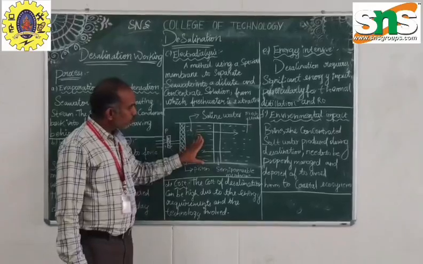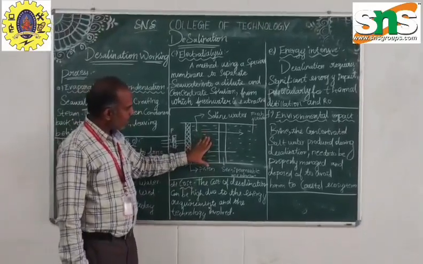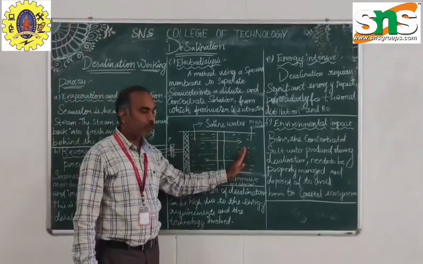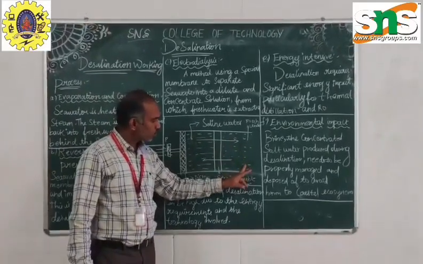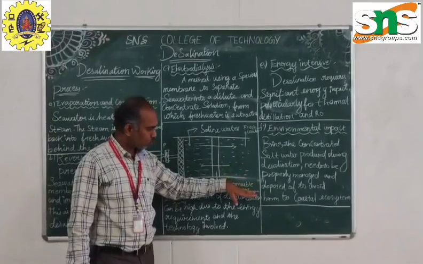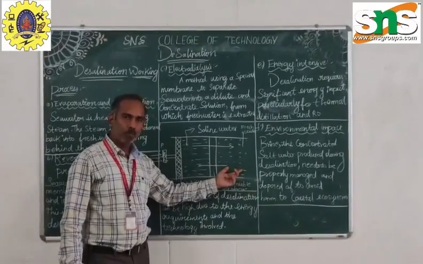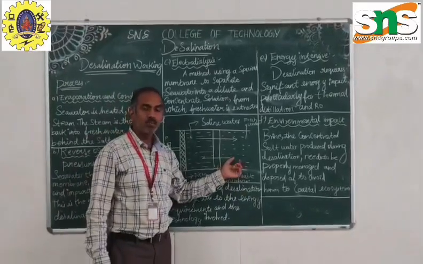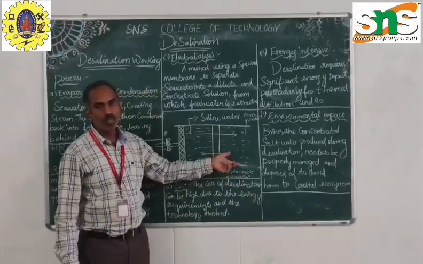So water with 1000 ppm of salts is converted into water with less than 10 ppm. This water is useful for domestic purposes, as drinkable grade water, as well as for industrial applications. We can use it for high pressure water.